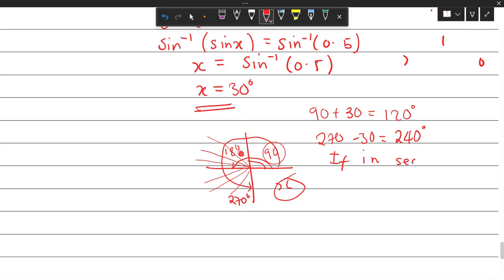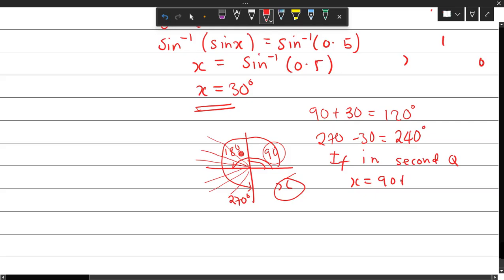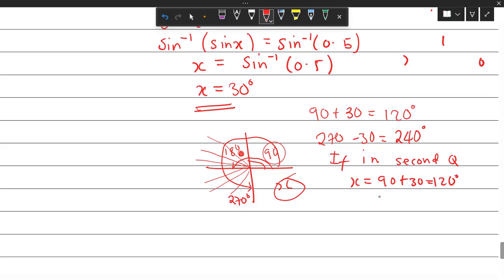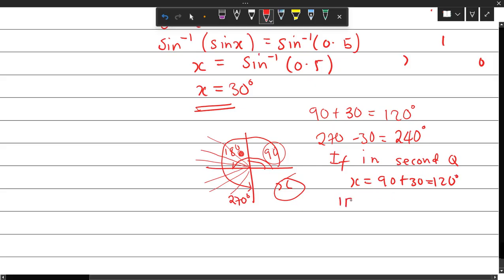So if in the second quadrant, x is equal to 90 plus 30, which is equal to 120 degrees. If in the third quadrant, x equals 270 minus 30, which is 240 degrees.